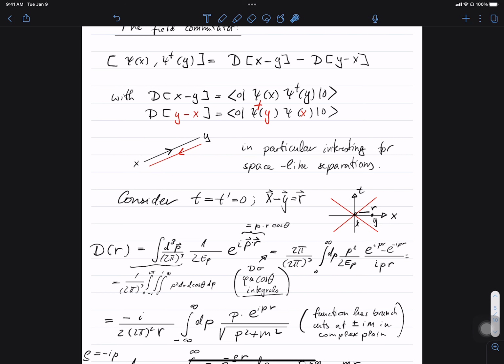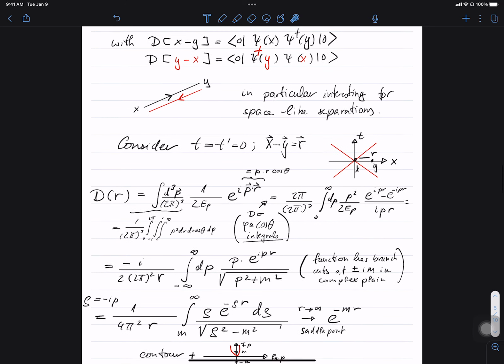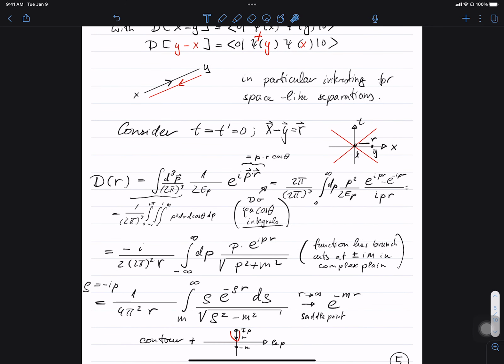Let us now again go through this calculation a little bit more carefully. What happens at space-like separations? This can be done by setting the time to be equal and just calling the difference vector x minus y r. This is the construction we get with the light cone. We have x and y separated by distance r.